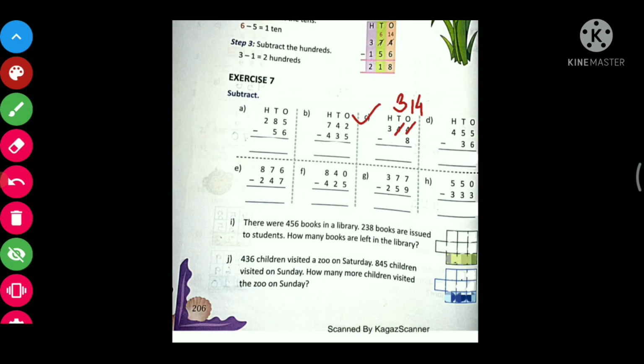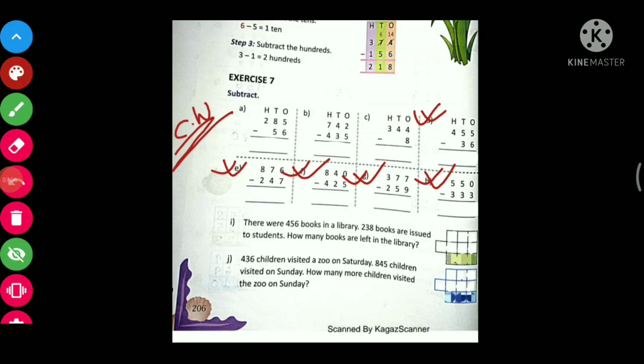What will be our answer? Six, right? Now this 3 we can write directly because no other number is there, and in 100 place 3 is there, so that 3 also we can write directly. Just like this only you have to do D, E, F, G and H in your classwork copy.